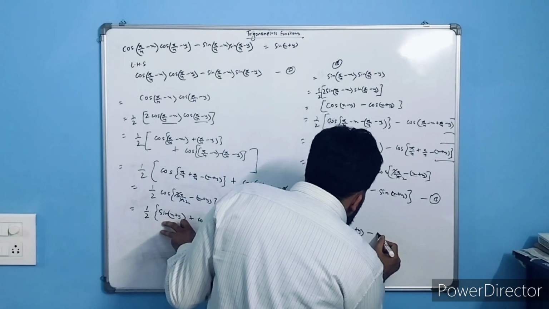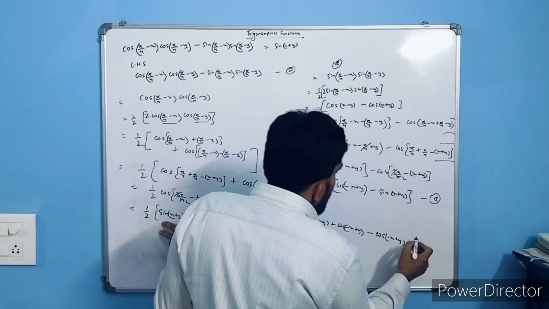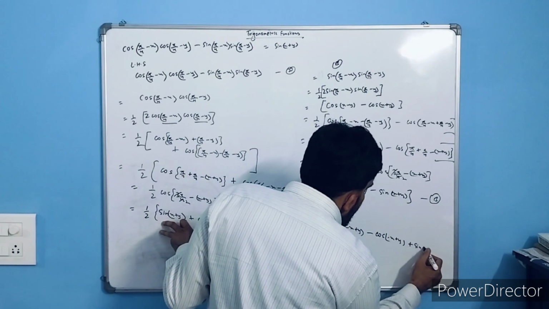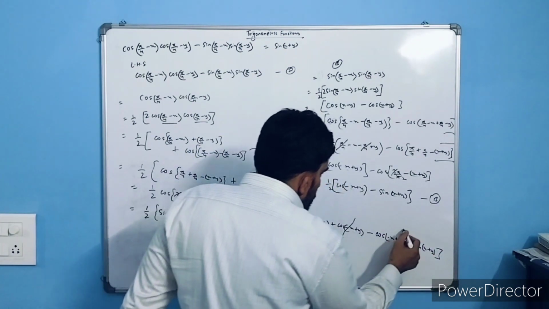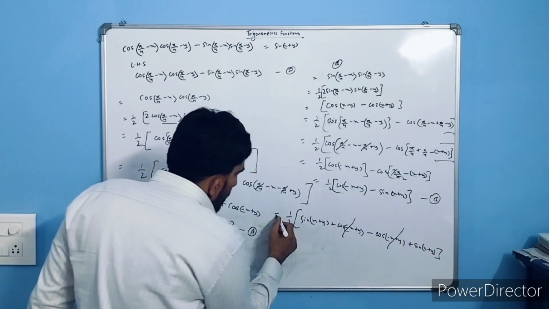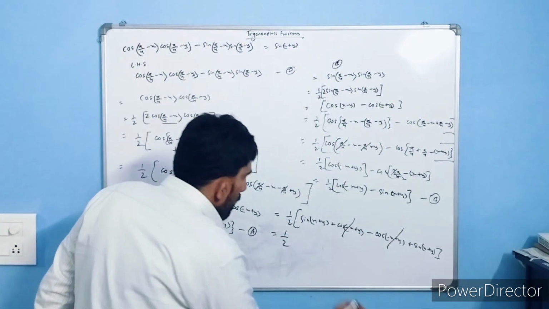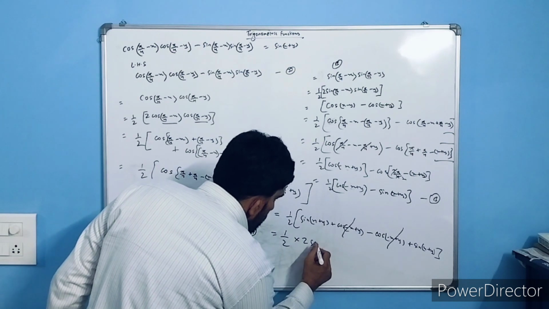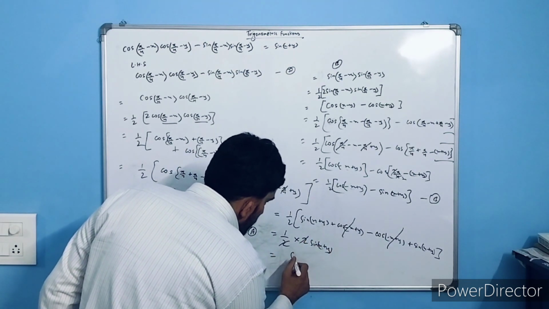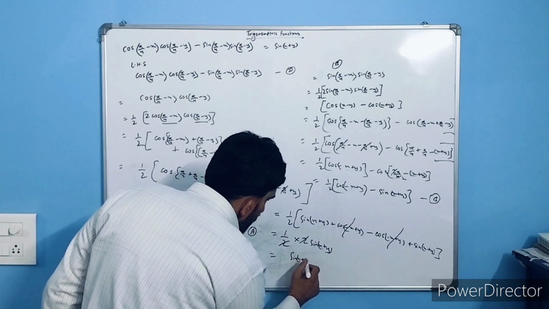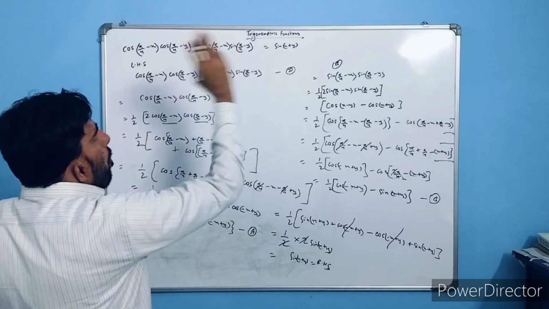So it will be minus cos(−x+y) and minus plus sin(x+y). Okay, so now this is written by this. Now what is left? Half sin(x+y) plus sin(x+y), so you get 2 sin(x+y), half of which gives sin(x+y), equal to the RHS, which is required.